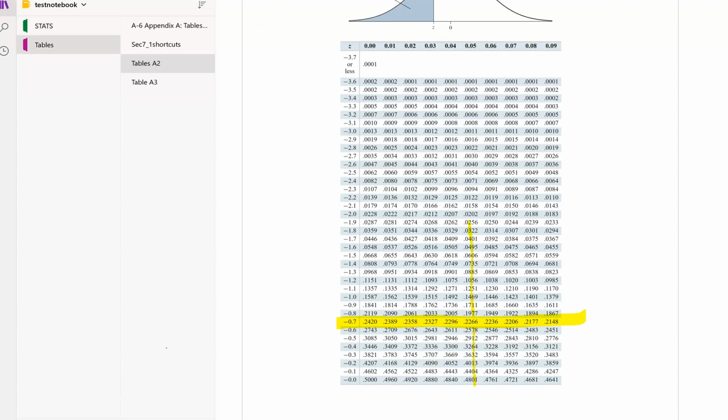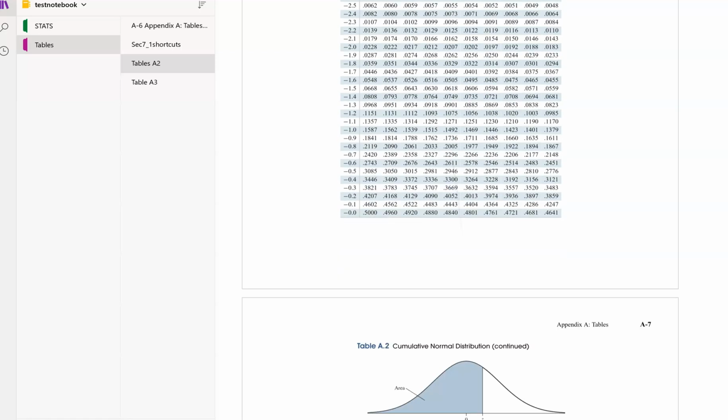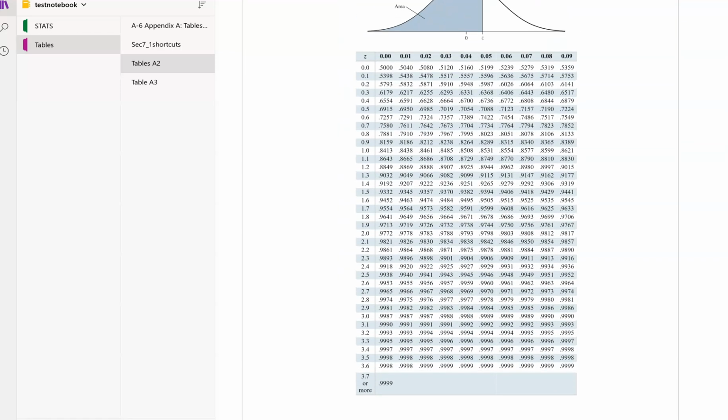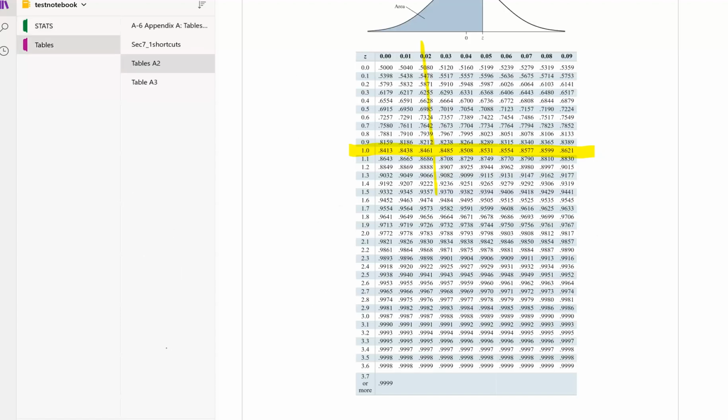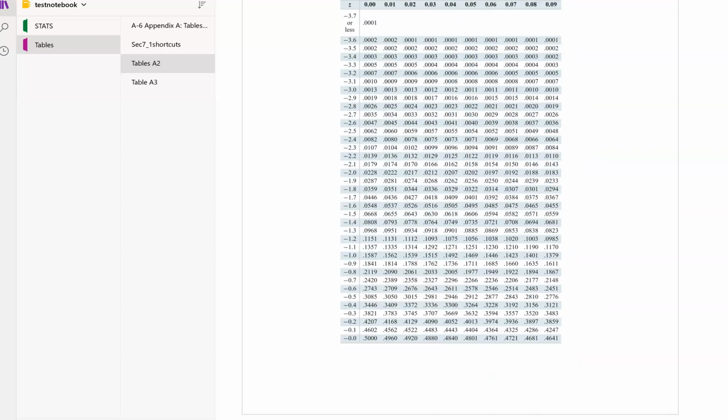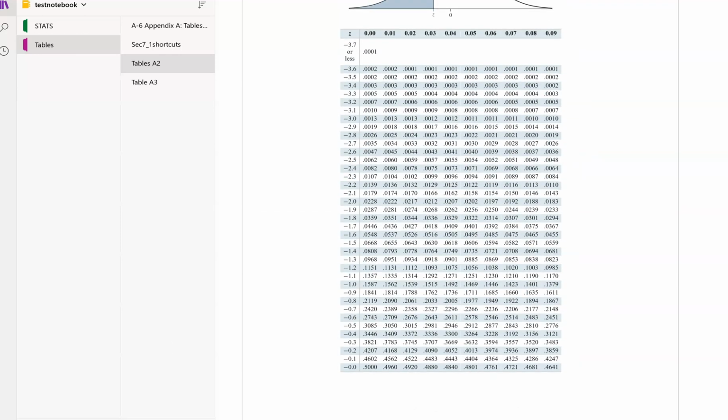So 1.02, that's here, and 2 is here, so 0.8461. And I'm looking up a negative 0.38.